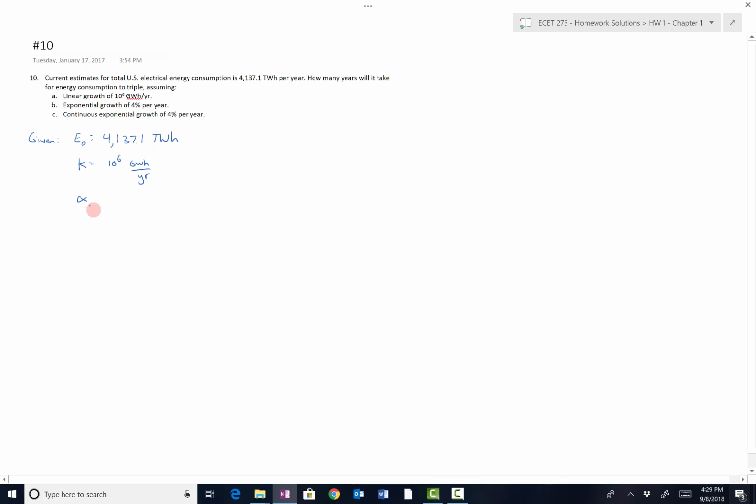This is an exponential, so we'll give it an alpha sub exp just to differentiate the two. That's 4% per year. And then we've got alpha continuous exponential, and that also is 4% per year. We are asked to find T when the final quantity is equal to 3 times the initial quantity, or E0, not Ei.